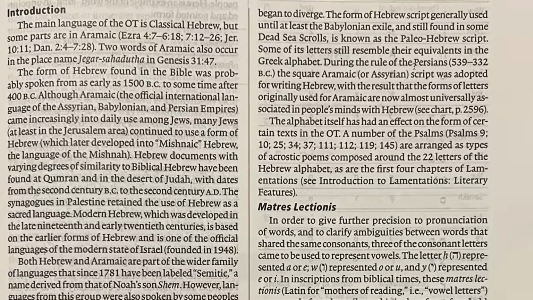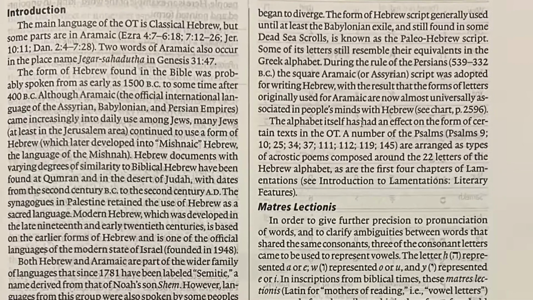During the rule of the Persians, 539 to 332 BC, the square Aramaic or Assyrian script was adopted for writing Hebrew, with the result that the forms of letters originally used for Aramaic are now almost universally associated in people's minds with Hebrew. See chart on page 2596.